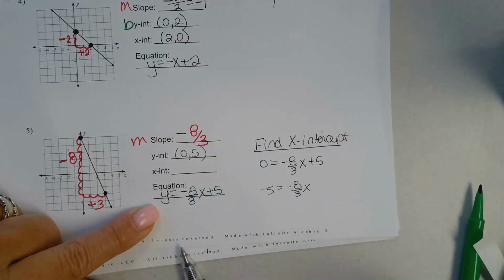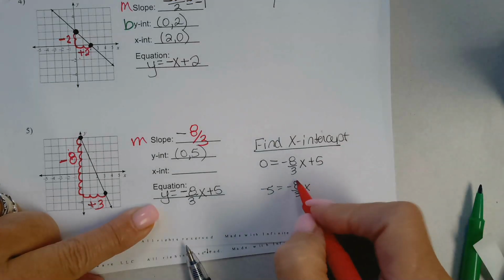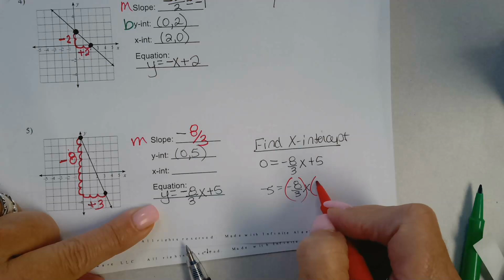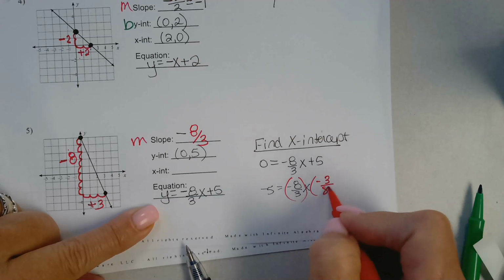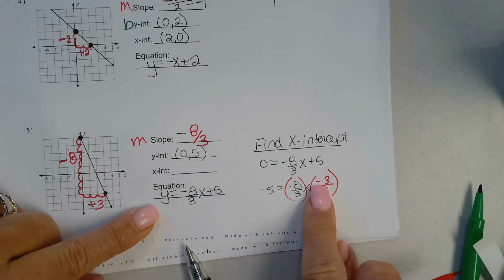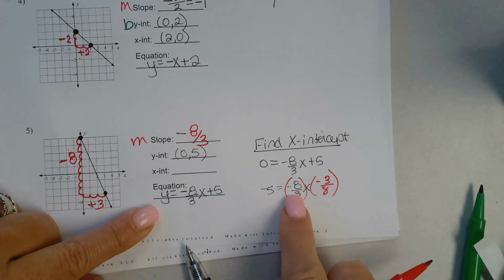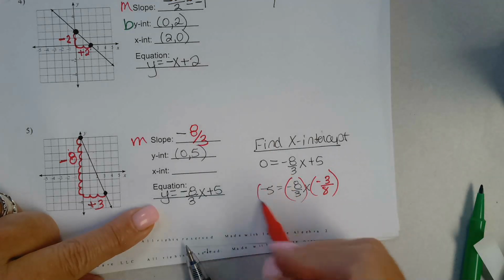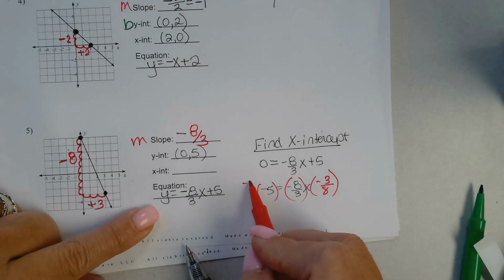And then I'm going to multiply both sides by the reciprocal of that fraction. Now, since the fraction was negative, we got to multiply by a negative because we can't have our coefficient to be a -1. We want it to be a +1. But then I got to multiply the other dang side by the -3/8 as well.